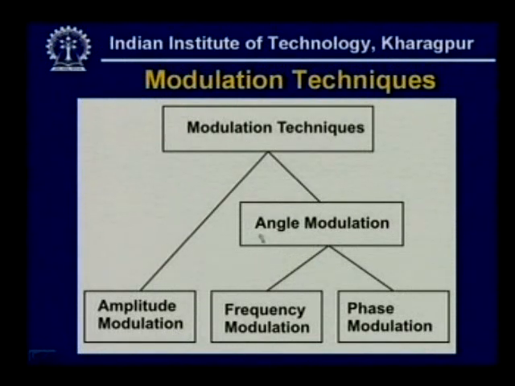The second alternative is known as angle modulation, where you are modifying the frequency, that means the frequency of the carrier is modified based on the signal to be sent, or modulating signal, or it can be phase modulation. These two together are known as angle modulation. In this lecture, we shall primarily focus on amplitude modulation.